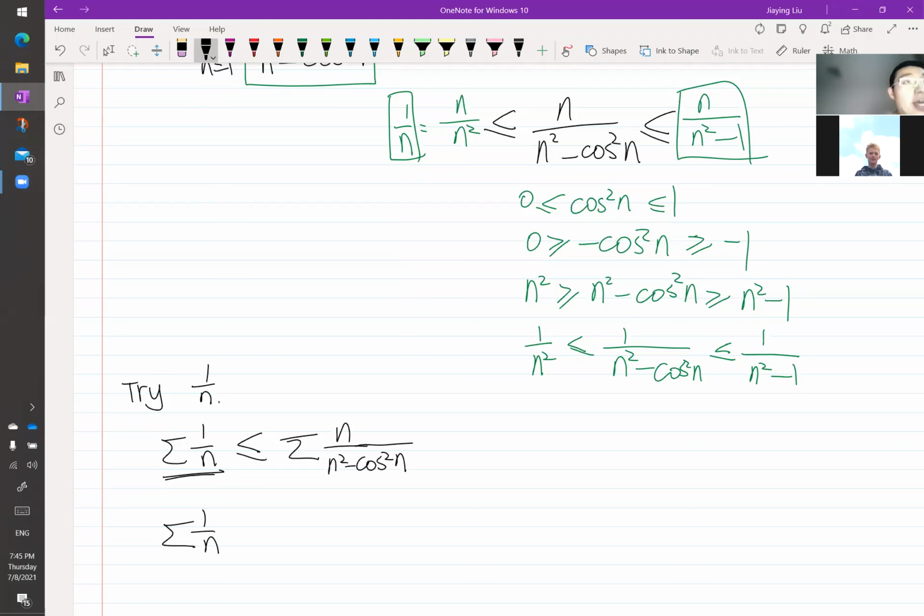Well, the series 1 over n, for n going from 1 to infinity, I think we just saw this earlier. This is a case where you can use the p-series test, because it's 1 over n to the p form, so p equals 1. If you remember, if p is less than or equal to 1, it's divergent. So this series is divergent.